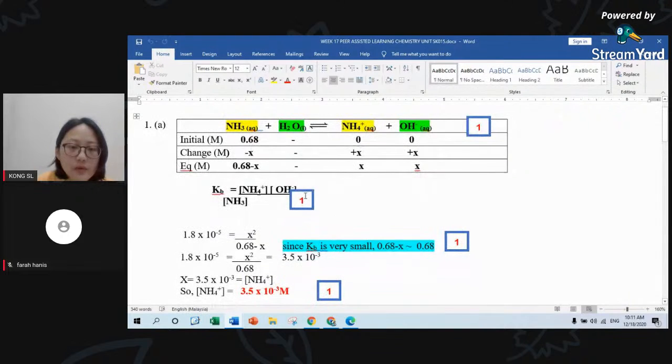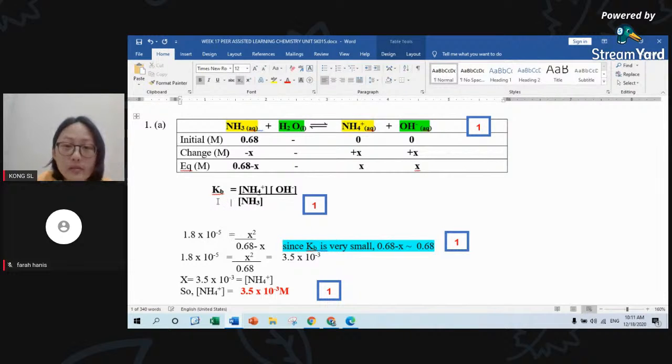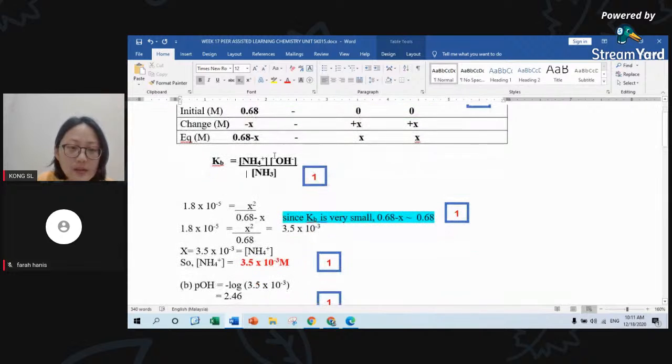So step 2, after the ICE table, is to write down the Kb expression. For the Kb expression, always remember it is the concentration of products, ammonium and hydroxide ion, over the concentration of the reactant, ammonia. Next, you substitute the value. So x times x over 0.68 minus x for the Kb expression, and then 10 to the power of negative 5.